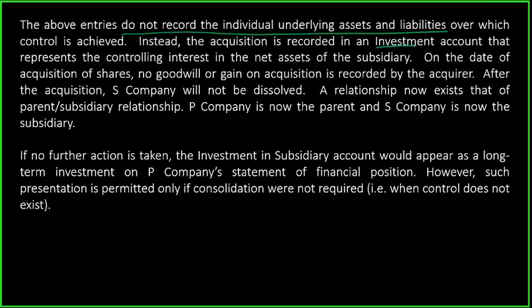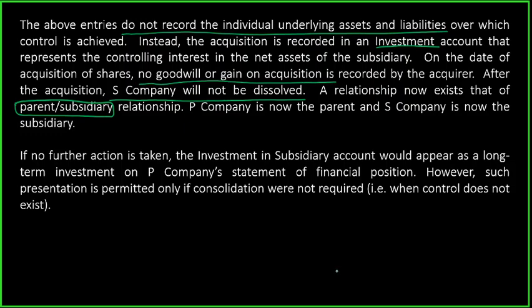Instead, you just record the investment account. And then there is no goodwill or gain on acquisition recorded by the acquirer. And S company will not be dissolved because they will continue to operate as separate legal entities. And the relationship is now parent-subsidiary. In short, these companies are now affiliates.